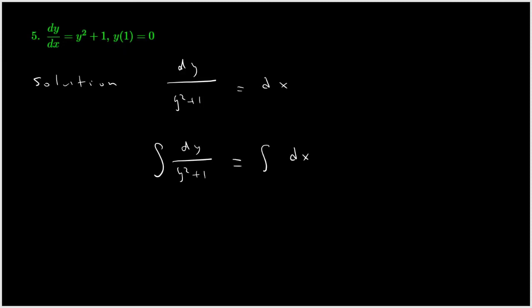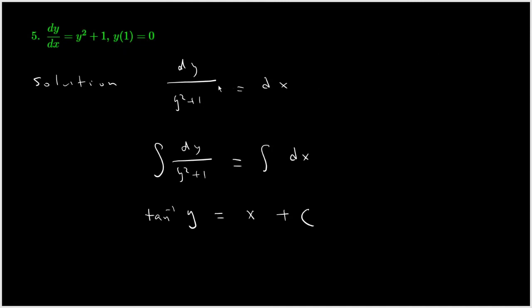The antiderivative of 1 over y squared plus 1, I think we have inverse tan of y for the left hand side. For the right hand side, the antiderivative of 1 is x, and then plus c. In most cases, if you get that, then you have done the general solution.